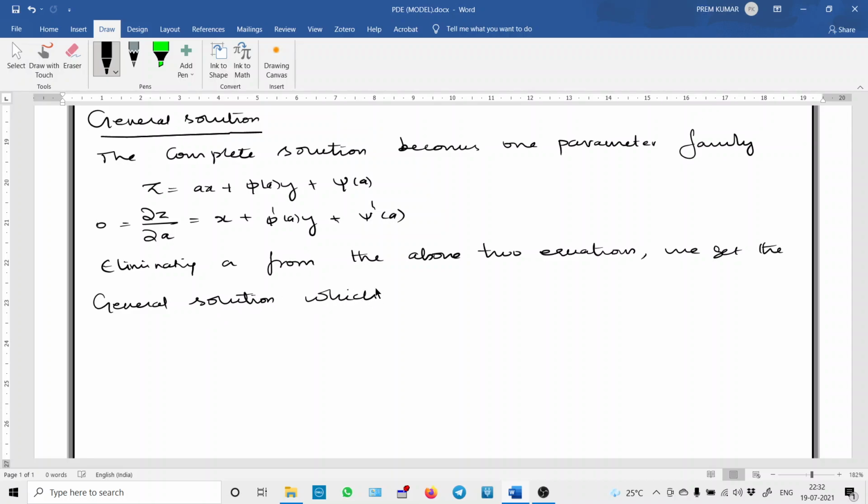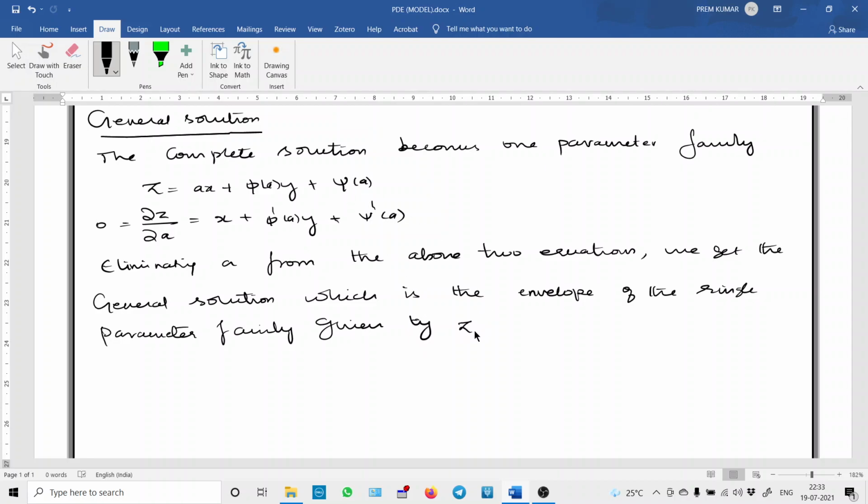Which is nothing but the envelope. I already explained you geometrically what is envelope. Envelope of the single parameter family given by this equation.